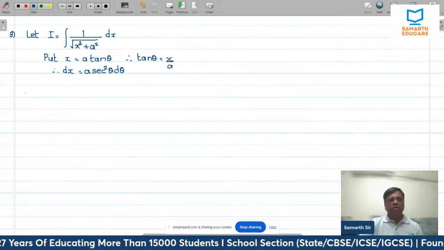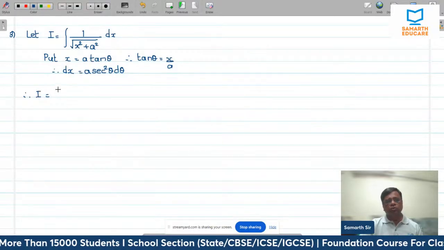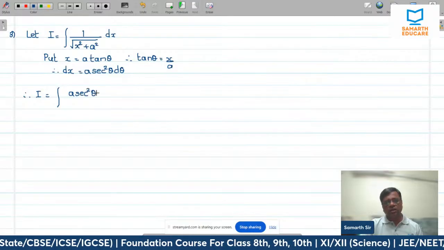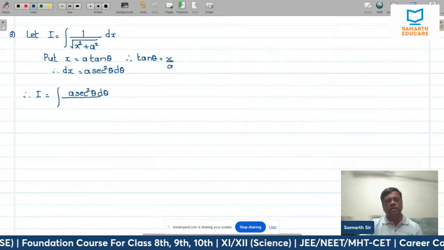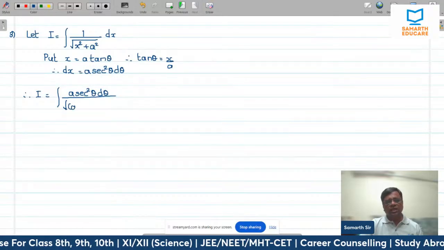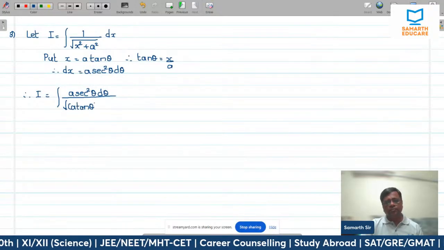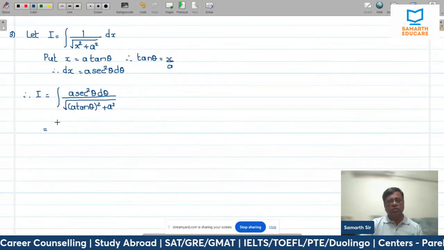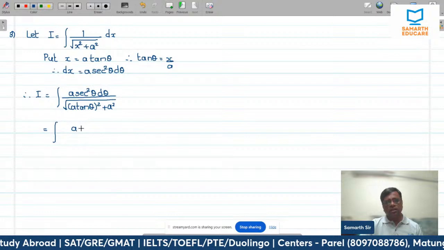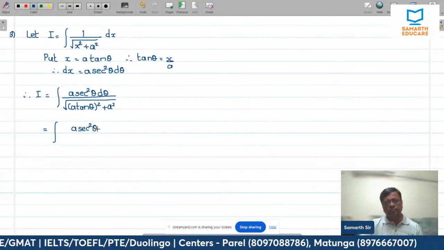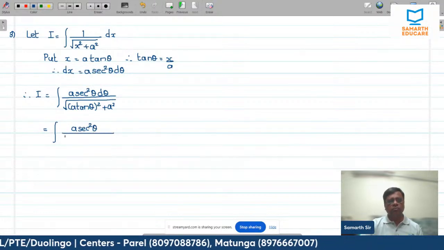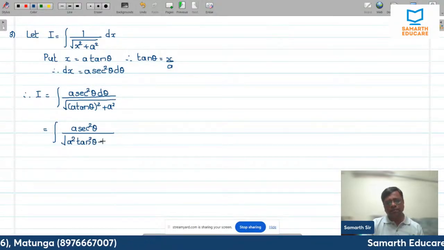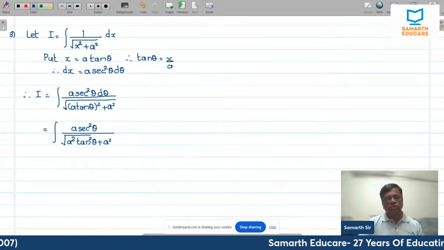Alright. Now, coming back to the problem, I is equal to integration a sec square theta d theta, this is the value of my dx, divided by root of (a tan theta) whole square plus a square. Now that is equal to a sec square theta upon a square tan square theta plus a square.